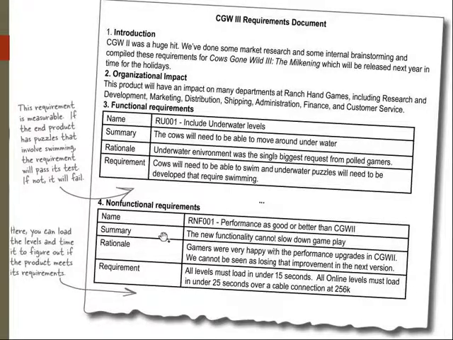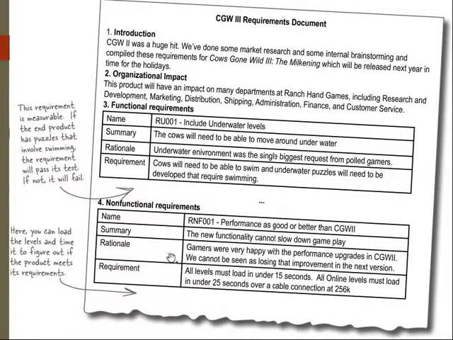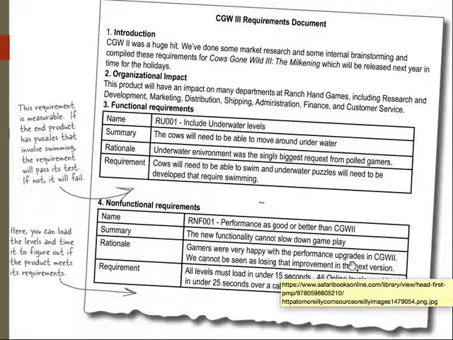So that would be a description of the non-functional requirement. And the rationale is that gamers will be unhappy if, after adding the new features, the game slows down. If the new feature makes players happier but the game slows down, the players will not be happy.